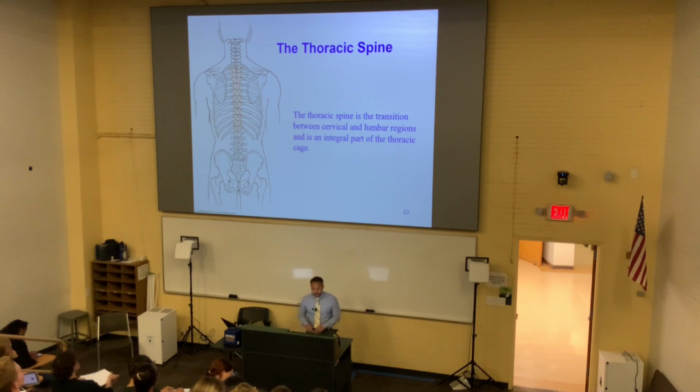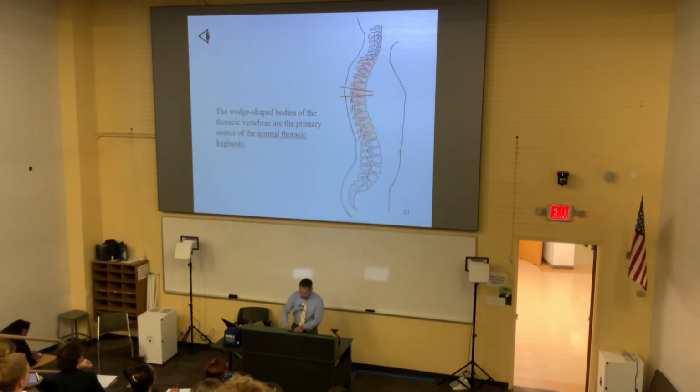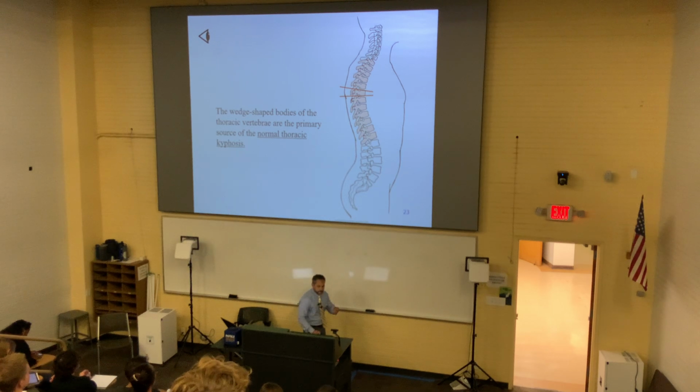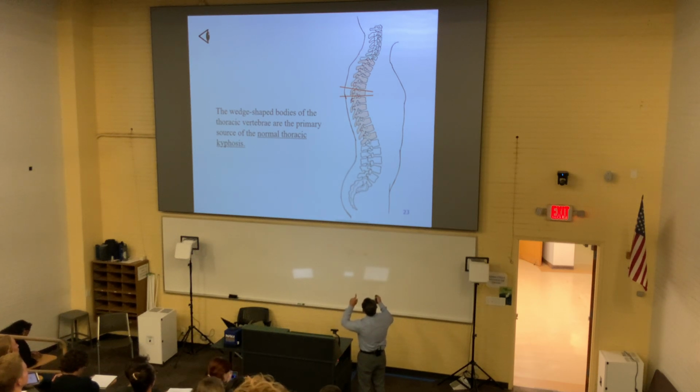The thoracic spine. So this is the transition between the neck, or the cervical region, and the lumbar regions. And it is an integral part of the thoracic cage. And the thoracic cage is important because it protects many of our vital internal organs. So, similar picture as before, highlighting this normal wedge-shape, meaning it's thicker on the posterior aspect, thinner on the anterior aspect.